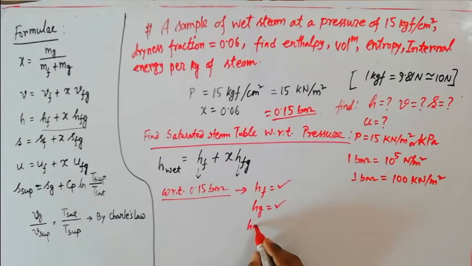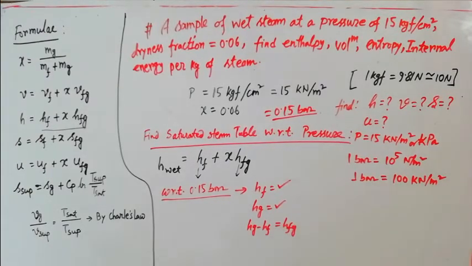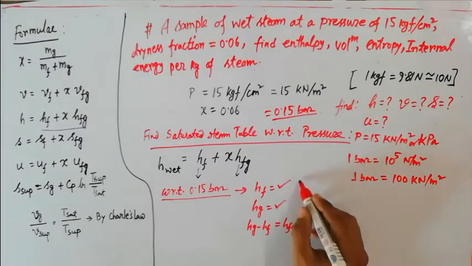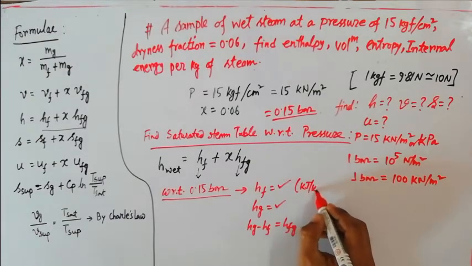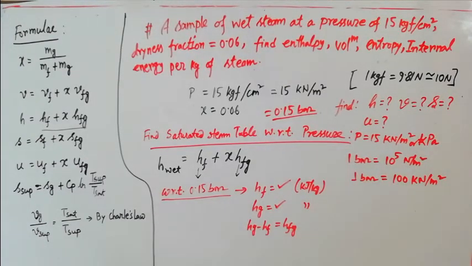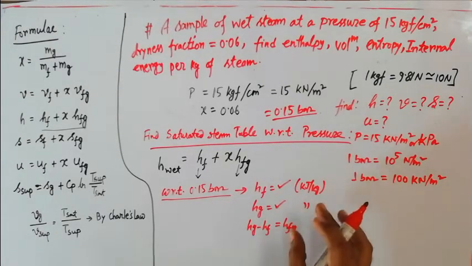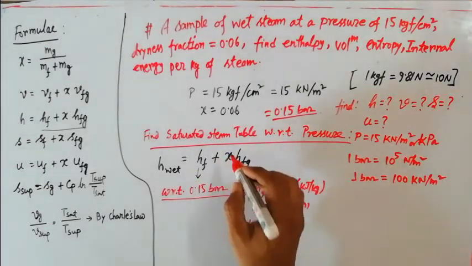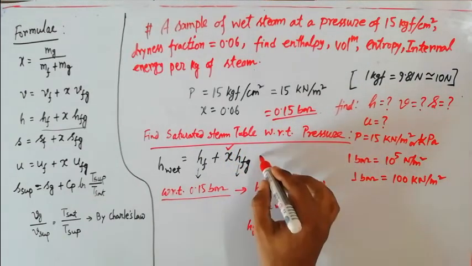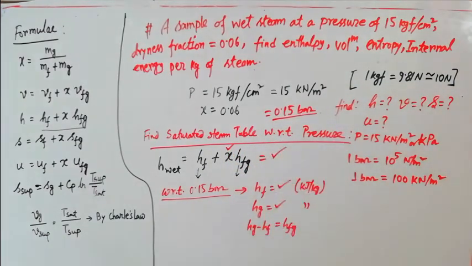So subtract them, hg minus hf, and that will give you the hfg value. All these units are given in kilojoule per kg, as you can see over there. So with respect to that pressure value, put all those values in, and the dryness fraction is also given to us. From there you can get the value of the wet steam specific enthalpy.